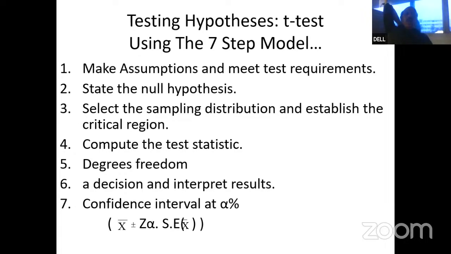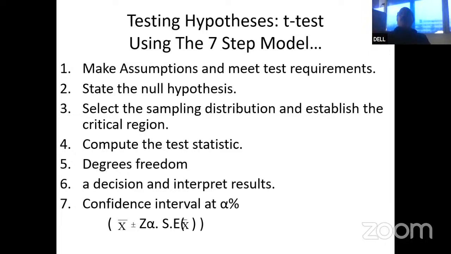In small sample tests based on the t-test, testing of hypothesis uses 7 steps. As said in large sample tests, 5 steps, and another 2 will be included here. The assumption is the same, state the hypothesis, and select the sampling distribution.